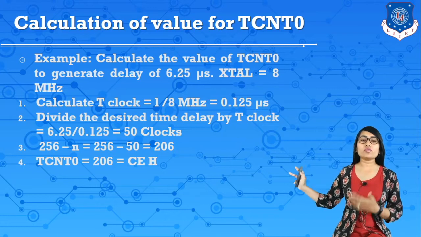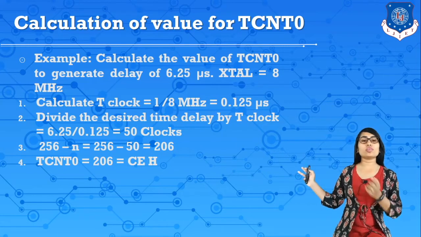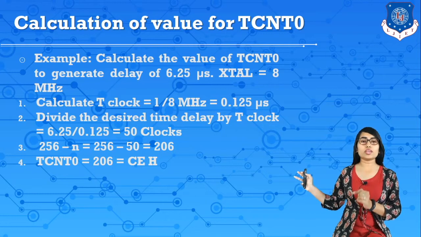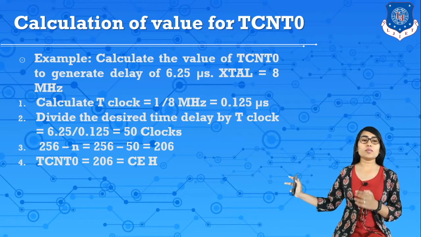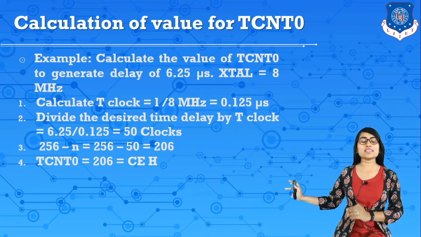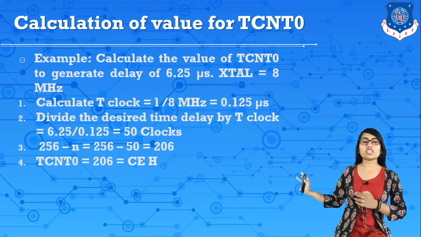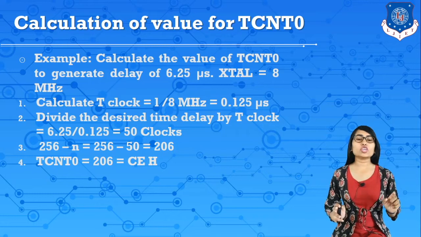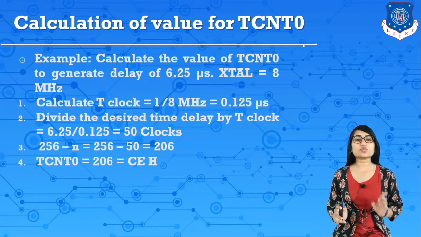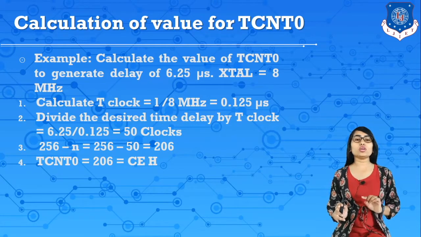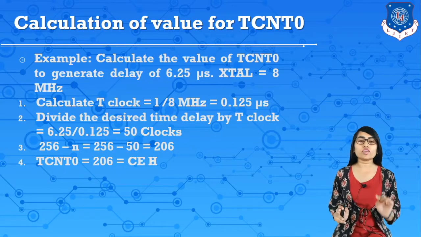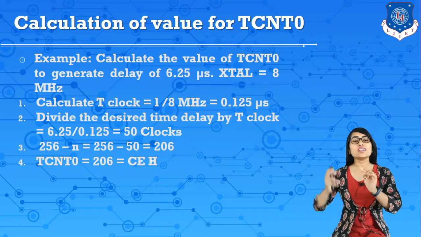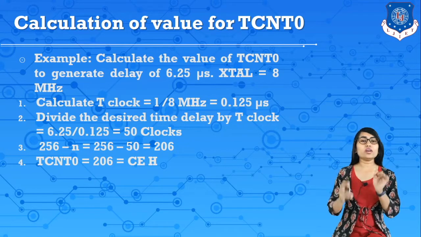Now we have to calculate the value up to the count, so perform 256 minus 50, which gives 206. So to get the desired delay of 6.25 microseconds, we need to count 206 times. So we have our desired time delay.